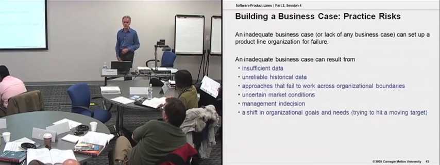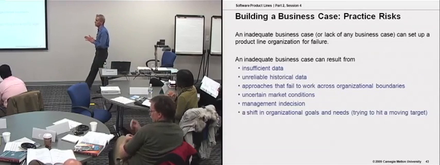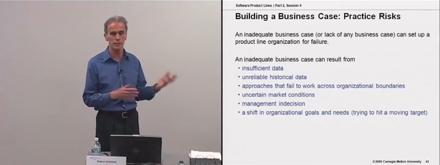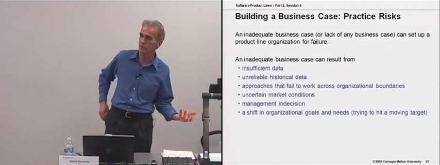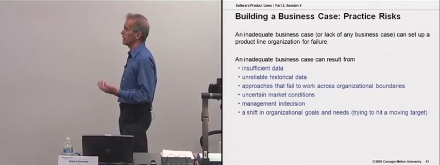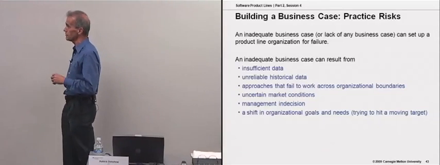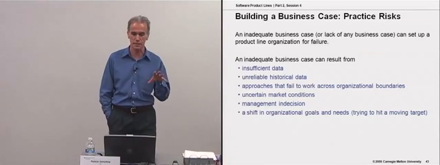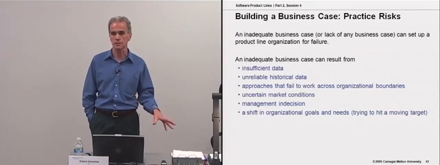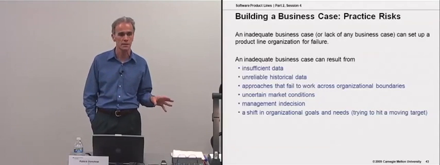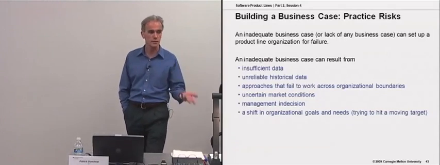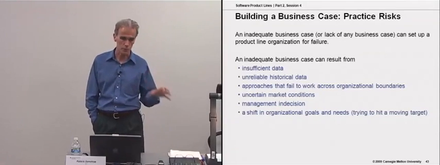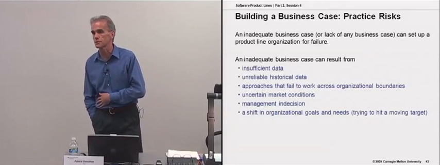Some of the risks in this area are you don't have enough data to be able to do projections for the future based on the known past, or you have historical data but it's unreliable. The approaches that you take for building a business case may work within a particular business unit in the organization, but when you try to do this across different business units with different kinds of products, different goals, and different organizational structures, the approach that works in one isn't necessarily the approach that's going to work in another.